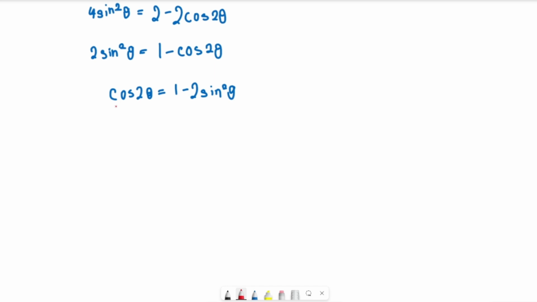There are 2 more ways of writing this, so a total of 3 ways that can help you in your examinations. Firstly, we know that sine squared theta plus cosine squared theta is equal to 1.